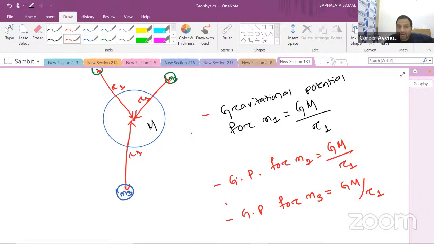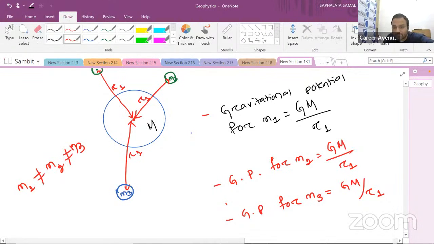So even if the masses are different, m1 not equal to m2, m2 not equal to m3, because their distance is the same from the Earth's center, their potential is equal. That means what?